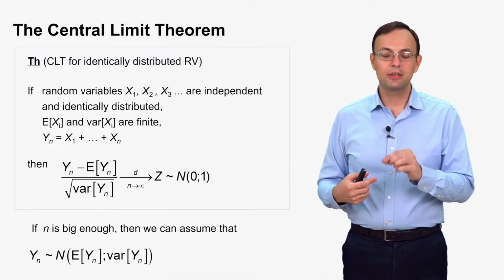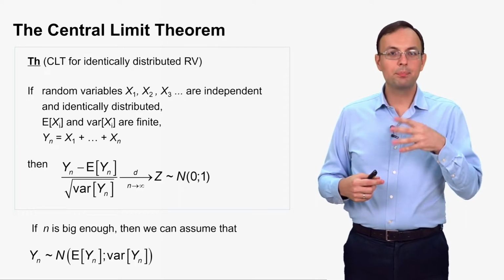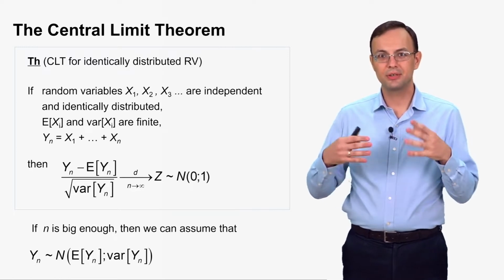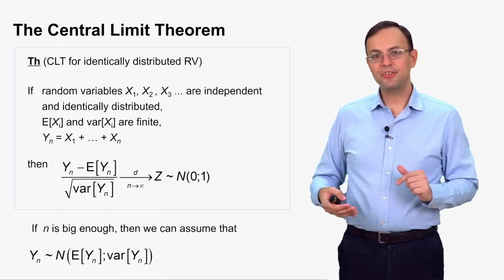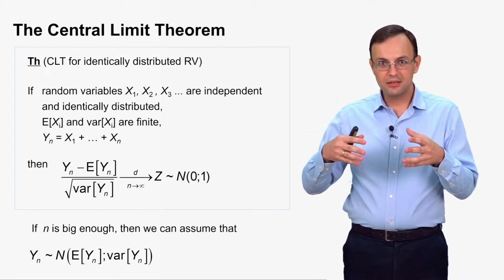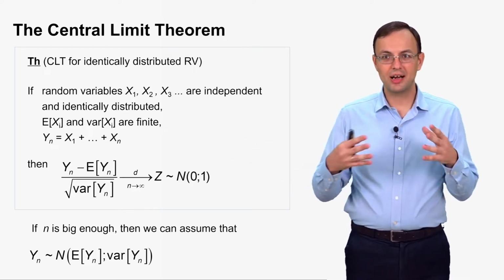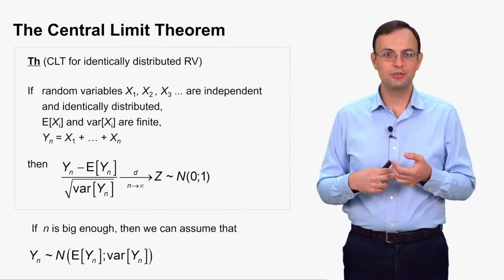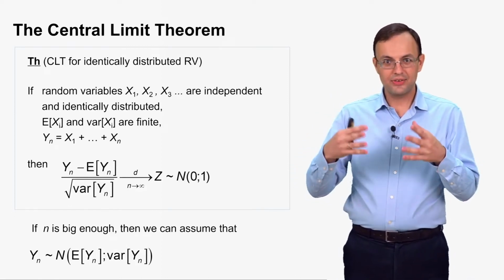And the central limit theorem is a mathematical theorem and a physical law at the same time. So it can be proved as a mathematical theorem. This statement that you see now can be proved as we do in mathematics. And on the other hand, you can just check that it is true by experimenting. You can observe some random variables such that these conditions are fulfilled, that are independent and identically distributed, and you can add them, and then you can see that this theorem is really true.